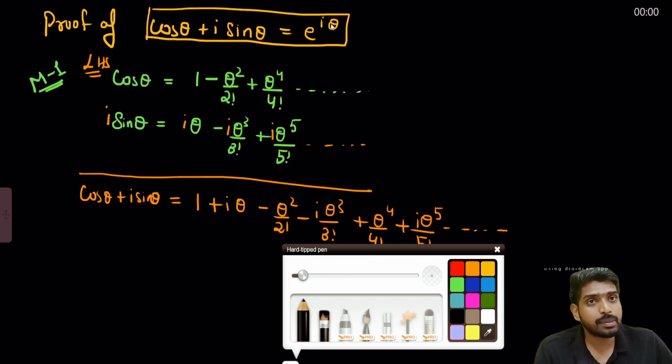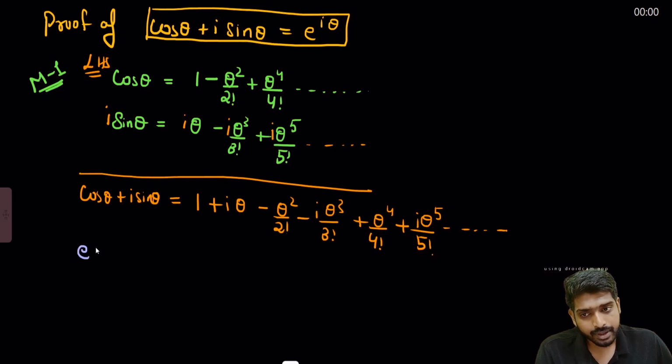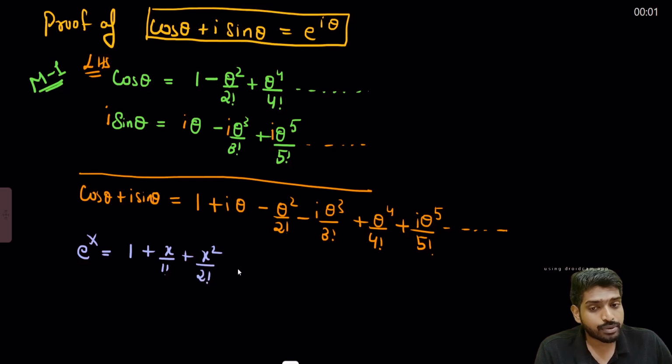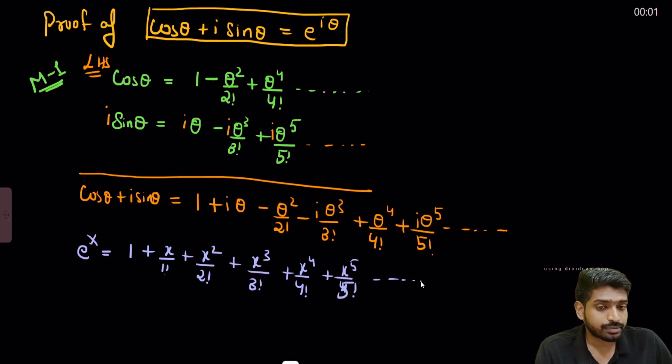Now we'll expand e to the power iota theta. Now tell me, what is the expansion of e power x? E power x expansion we have seen is equals to 1 plus x upon 1 factorial plus x square upon 2 factorial plus x cube upon 3 factorial plus x power 4 upon 4 factorial plus x power 5 upon 5 factorial and so on till infinity.